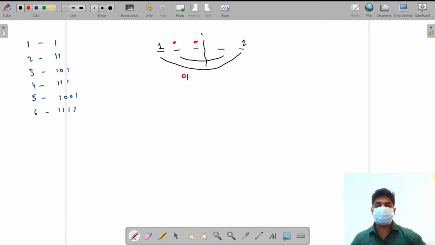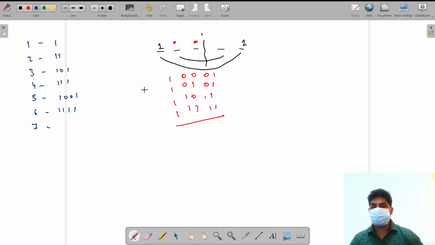These can be 00, 01, 10 or 11. So our numbers will be 10001, 10101, 11011 and 11111. So for 5 digits we got 4 numbers which are palindromes.